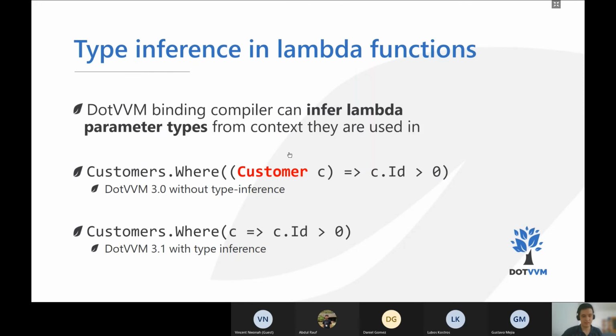The first feature that I'd like to talk about is the introduction of type inference into the DotVVM data binding system. If you've seen previous presentations about DotVVM 3.0, you know that we added support for lambda functions.